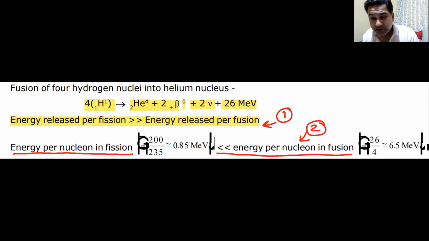But if I compare the energy released per nucleon, the energy of fission is very, very less. Do we understand this? Yes, sir. These are the two things that you must remember in your head, because this is the basic difference between nuclear fission and nuclear fusion. I hope you will not forget this. Yes or no? Yes, sir.